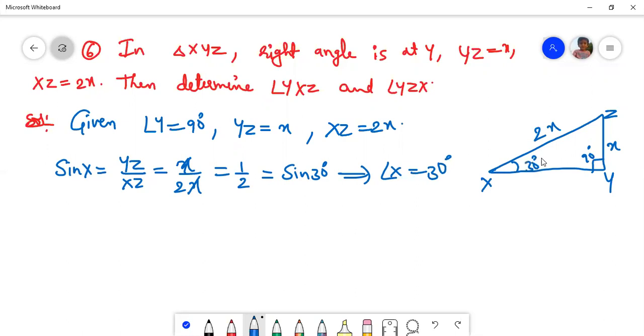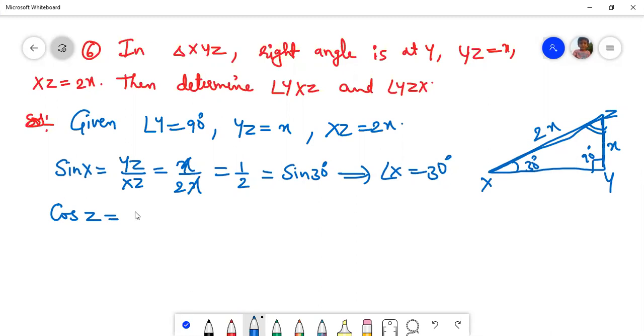This is 30 degrees. And to find out the angle Z, we can take cos Z. Why? Because the known values are adjacent and hypotenuse. Cos Z is equal to, this is the Z angle, this is the adjacent, this is the hypotenuse.